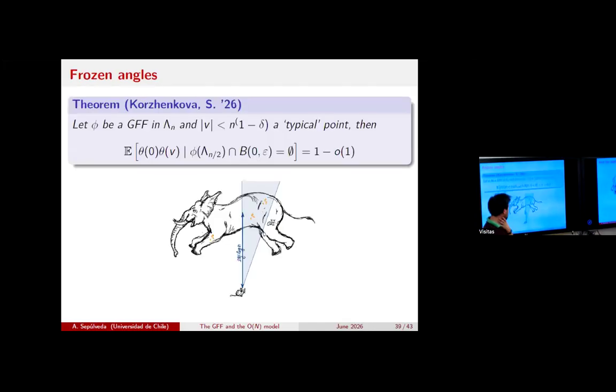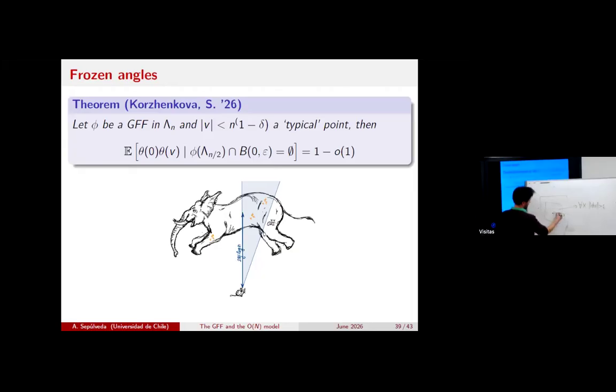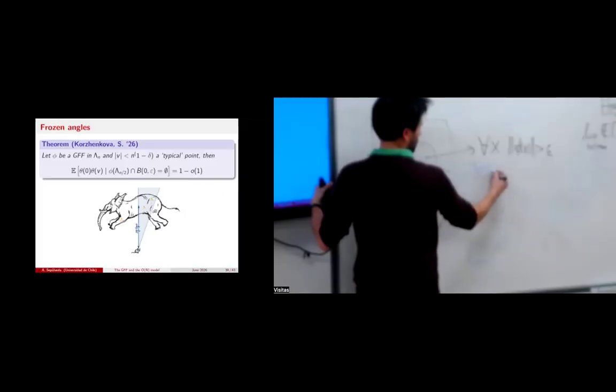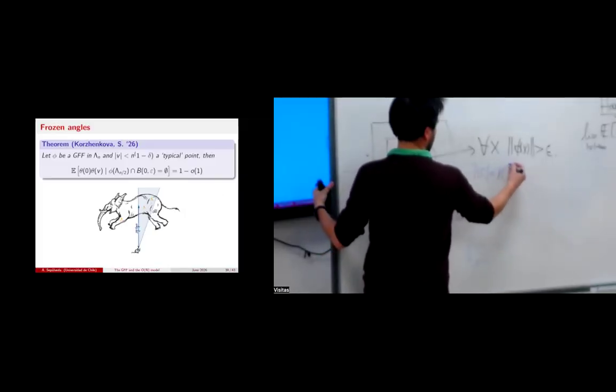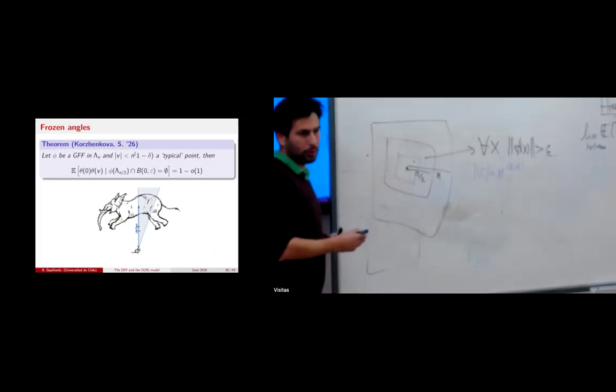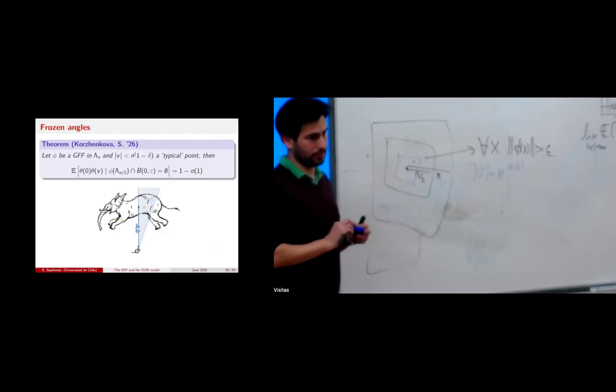And what we could prove with Aleksandra is that in fact the angles freeze, meaning that almost every angle. Essentially, the only thing we could prove, or we were almost there, is that at 2 points that are at distance n to the 1 minus delta, so we couldn't go all the way to macroscopic, but all the way to mesoscopic, angles freeze each other.